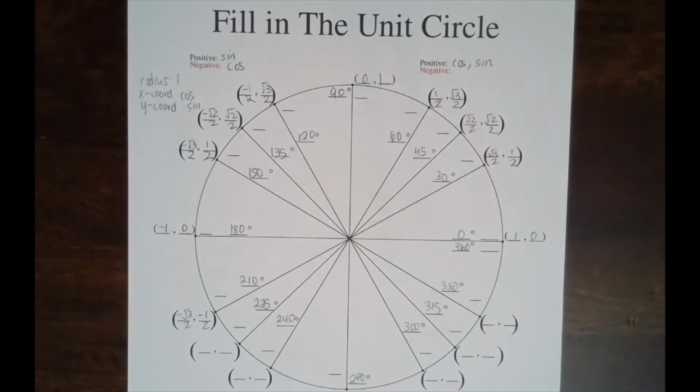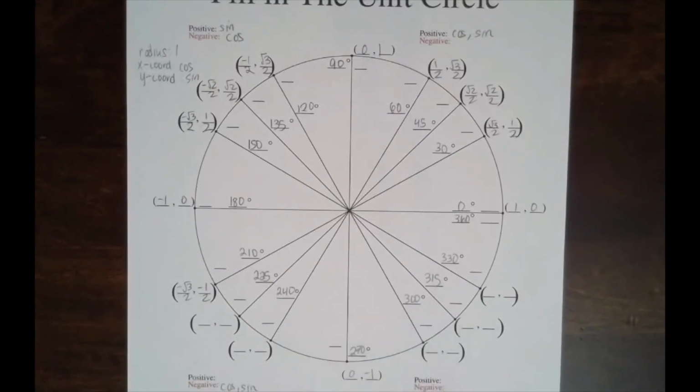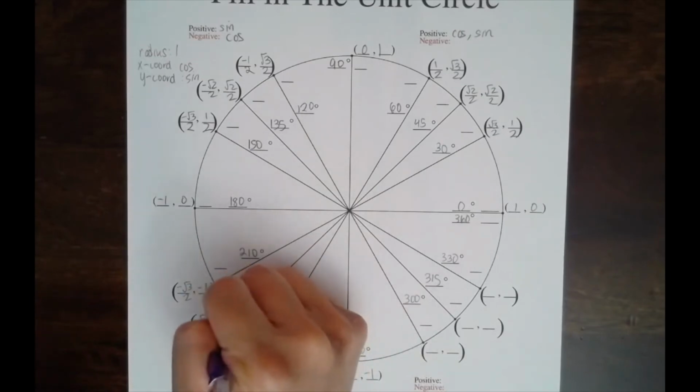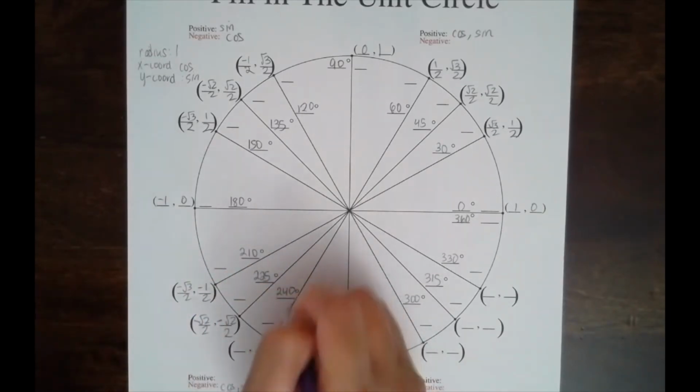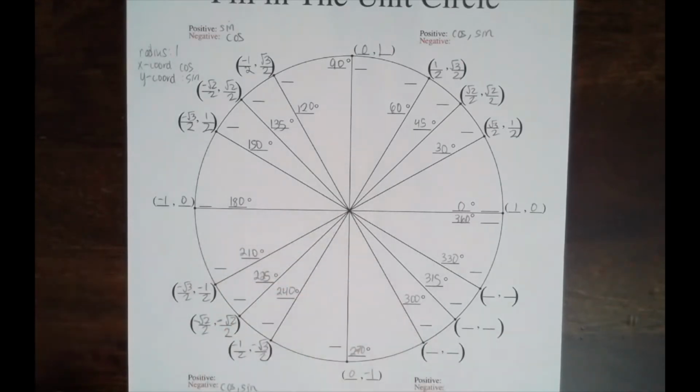Okay, now what I want you to do is find the coordinates for 225 degrees and 240 degrees. Okay, you should have gotten negative root 2 over 2, comma, negative root 2 over 2. And here, for 240, negative 1/2, comma, negative root 3 over 2.